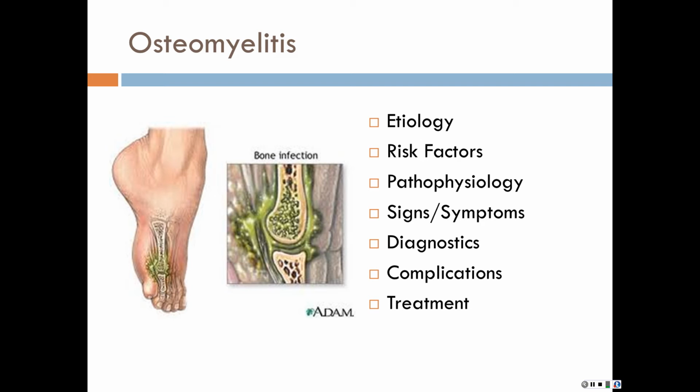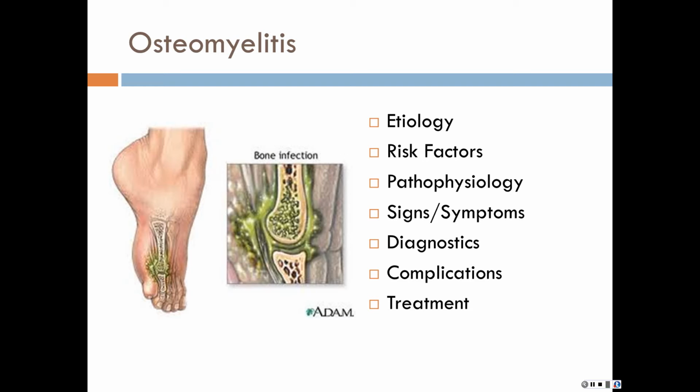They might not have enough circulation to get antibiotics down to the area it needs to be, and so sometimes they have to do amputations to remove this area of osteomyelitis. So this is one reason why we end up with people with diabetic ulcers, specifically on lower extremities. They'll get gangrene or they'll get osteomyelitis, and that's why we have to do amputations.